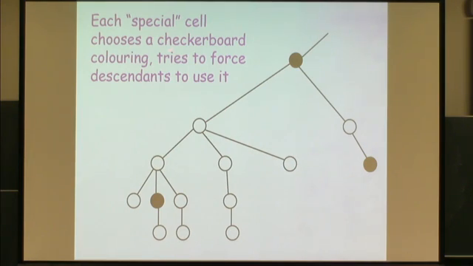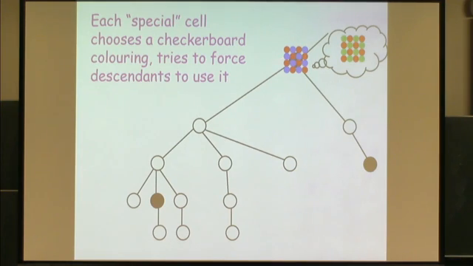And the idea is that each special cell chooses for itself a checkerboard coloring. So this one, in its dreams, it really loves this green-red checkerboard coloring that it chose at random, independently of everything else, and it really wants all its descendants to use that because it's convinced it's the best coloring in the world. But unfortunately it comes with some baggage, because it has some ancestors as well, and somewhere up there's some other guy who's trying to force this guy to use something else.